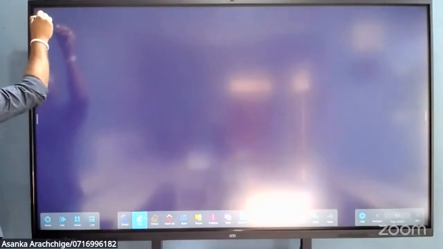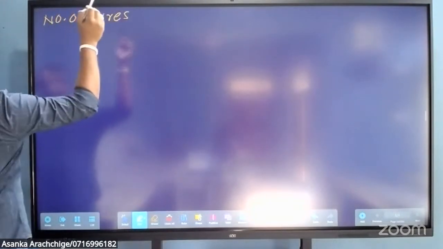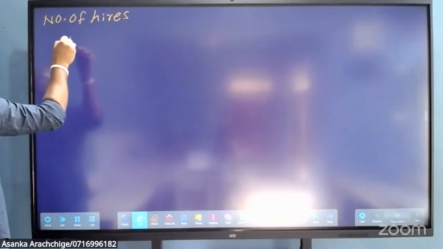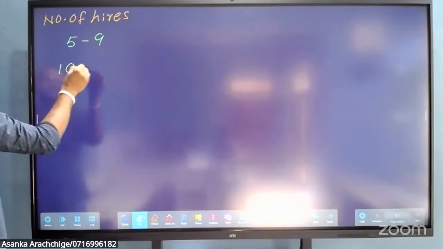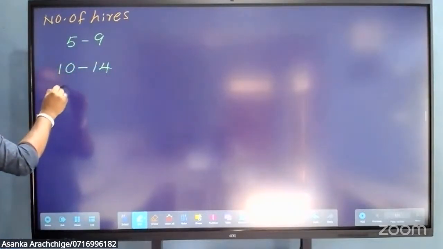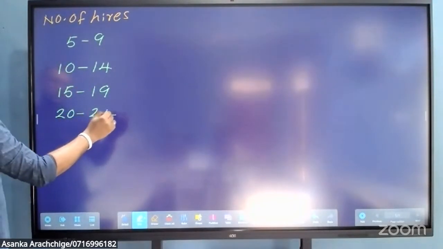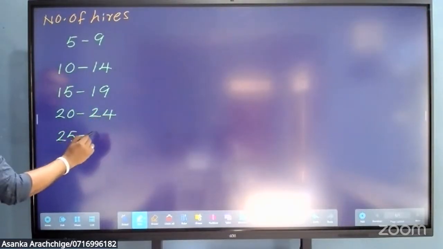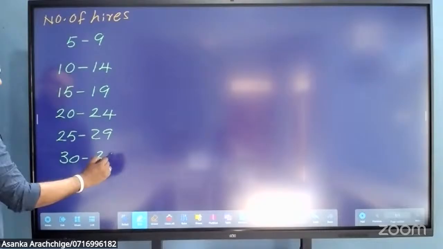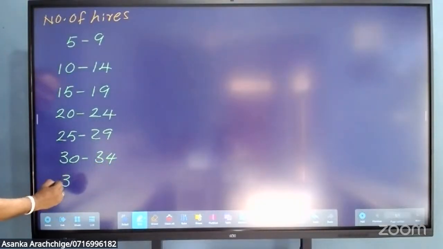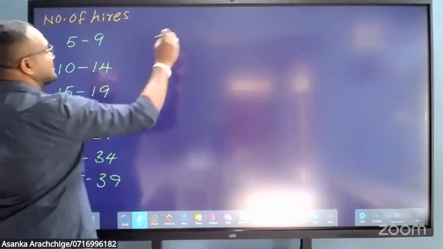Number of hires: 5 to 9, 10 to 14, 15 to 19, 20 to 24, 25 to 29, 30 to 34, 35 to 39. Number of weeks.